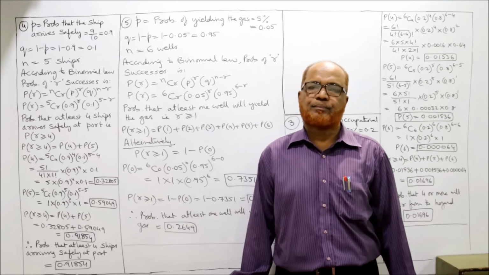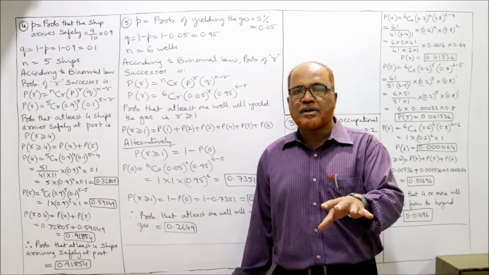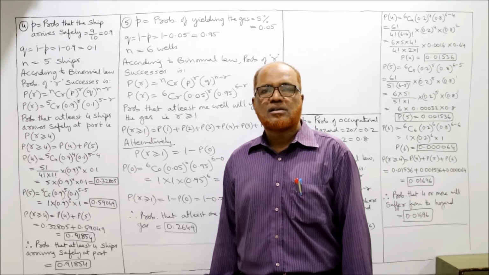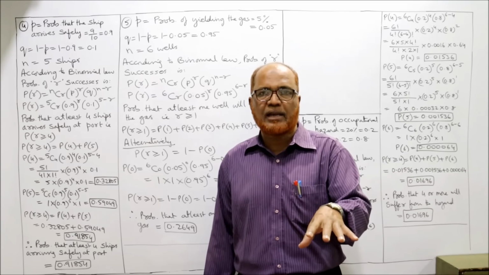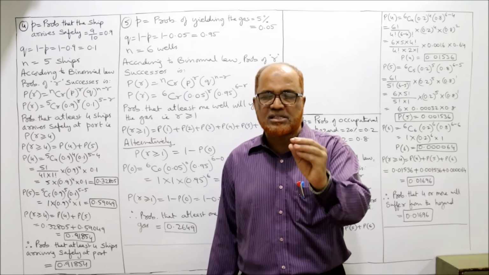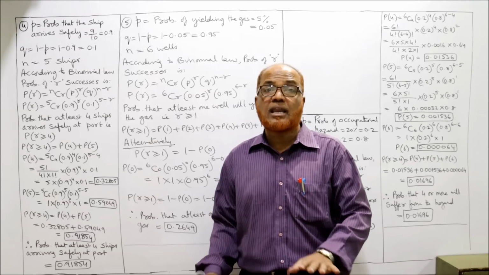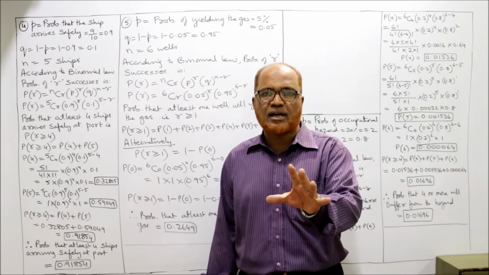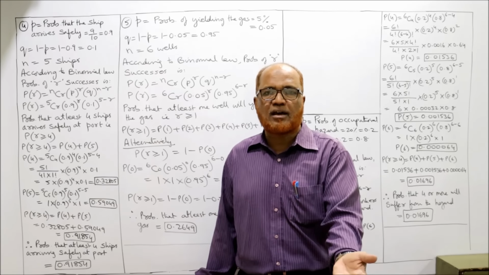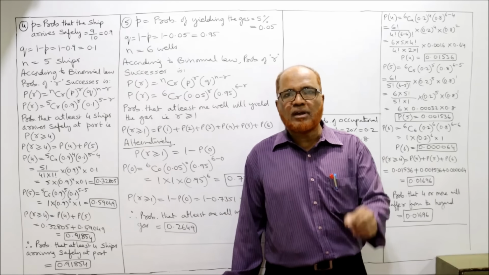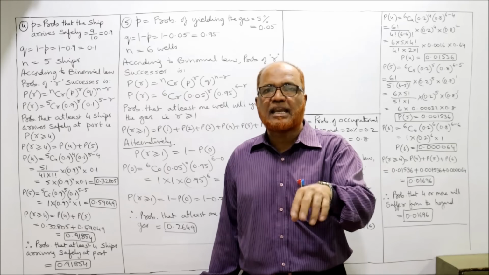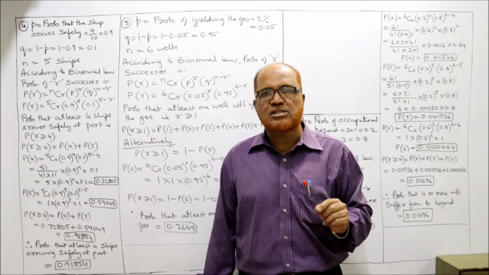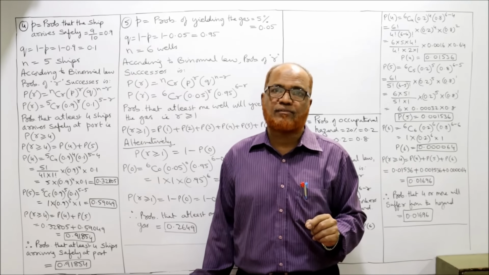The oil exploration company expects that 5% of the wells it drills will yield natural gas. This means if the company drills 100 wells, 5 of the 100 wells will yield natural gas, and the remaining 95% will not yield natural gas. That is failure. When is it a success? When gas comes out it is successful, when gas does not come it is unsuccessful, a failure. So we are given P is equal to the probability of yielding natural gas, 5%, 0.05. Q is equal to 1 minus P, 1 minus 0.05, 0.95.